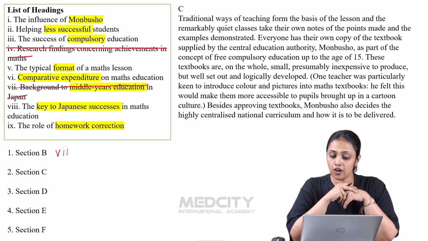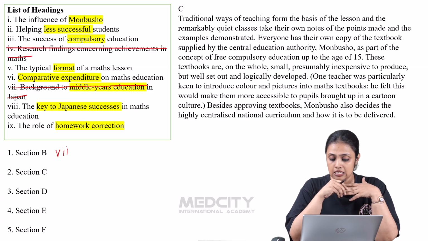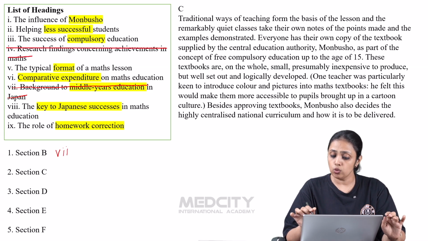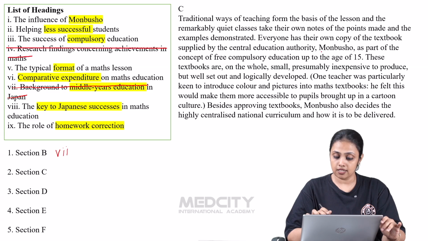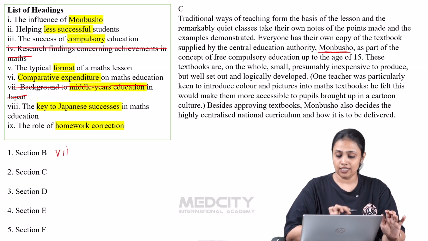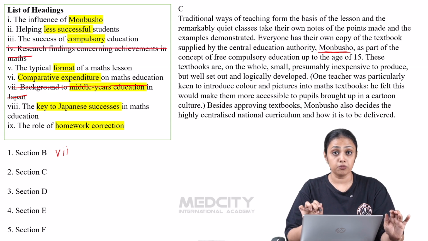Traditional ways of teaching form the basis of the lesson and the remarkably quiet classes take their own notes of the points made and the examples demonstrated. Everyone has their own copy of the textbook supplied by the Central Education Authority, Monbusho. Okay, we have highlighted Monbusho and the first reference of Monbusho comes here.